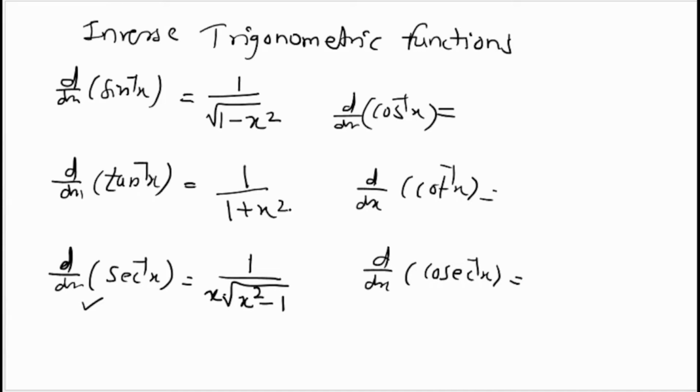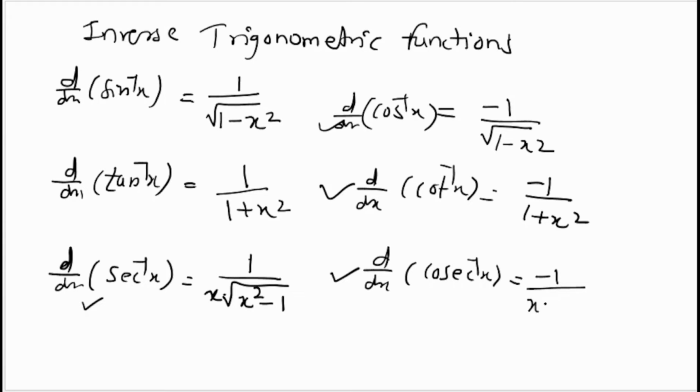So what are the derivatives for cos inverse x, cot inverse x and cosec inverse x? For cos inverse x, only take minus upon under root of 1 minus x square. For cot inverse x, again minus 1 upon 1 plus x square. The derivative of cosec inverse x is minus 1 upon x into under root of x square minus 1.